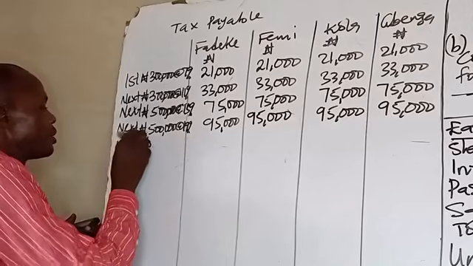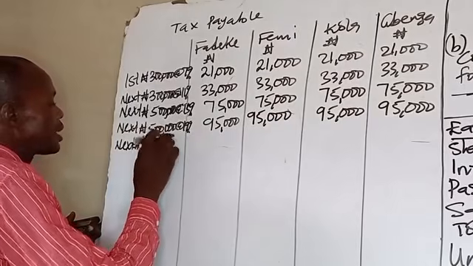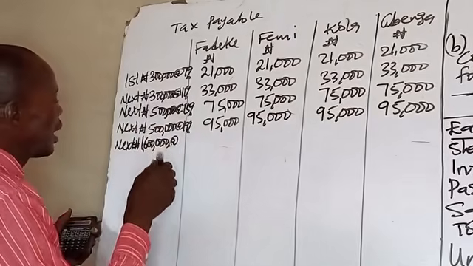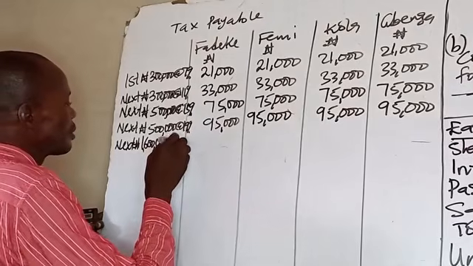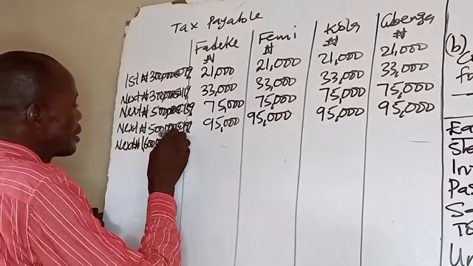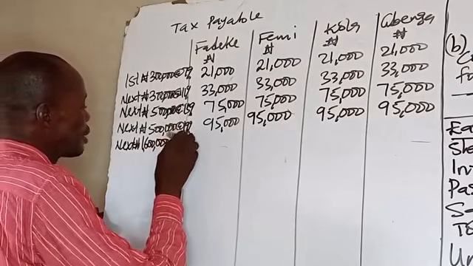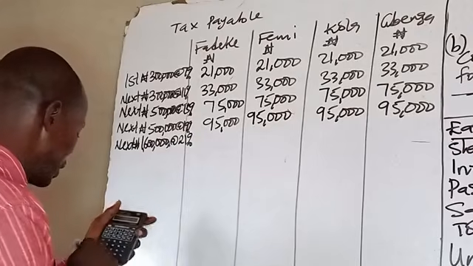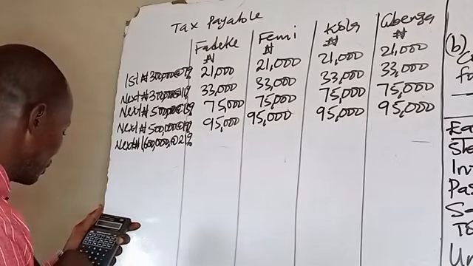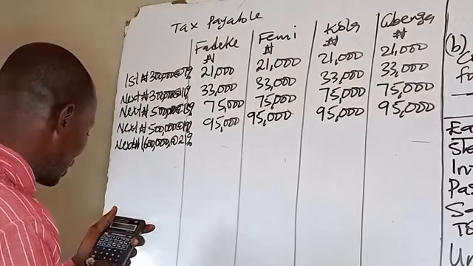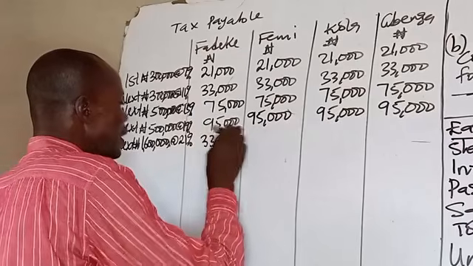Now, next 1.6 million will be taxed at, if you add 3% to this, it will be 21. I mean, if you add 2% to it, it will be 21%. Will be taxed at 21%. 21% of 1.6 million gives us 336,000 for each of the partners.